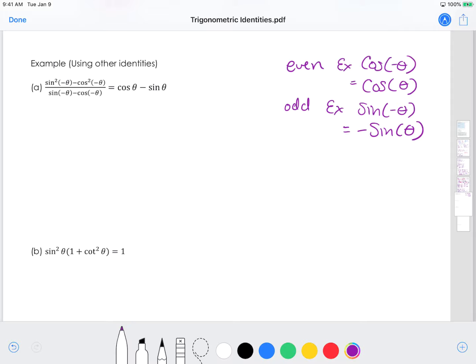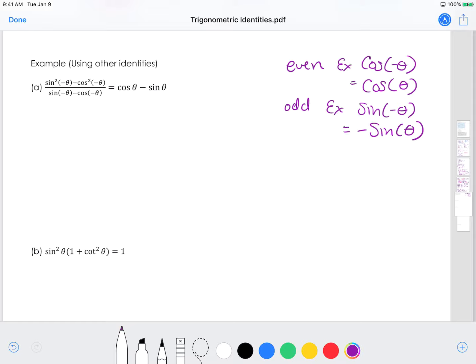So we're going to use properties of even and odd functions to make these substitutions so that we can simplify the left-hand side. So what I'm going to do is, everywhere I see sine of negative theta, I'm going to replace it with negative sine theta. And everywhere I see cosine of negative theta, I'm going to replace it with cosine theta because of our even and odd properties.